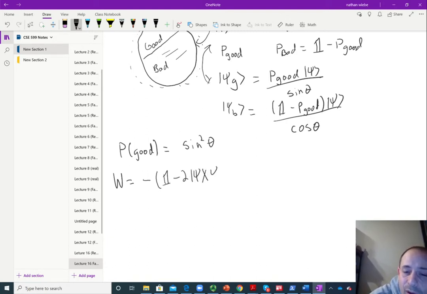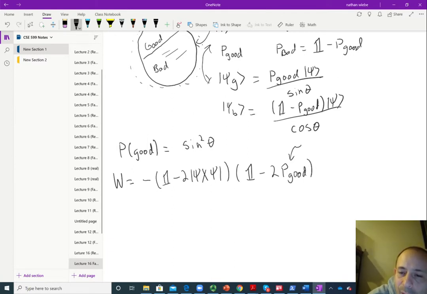So we have a reflection about the state psi, but we also have now a reflection about the good space, not a single vector, but the entire good space. And we express that as 2 identity minus 2 P good.